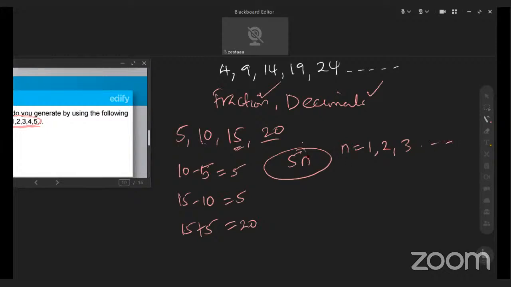So you substitute n with 1. 5 times 1, you maintain the 5. 5 is constant here, it doesn't change. So 5 times 1 is 5, 5 times 2 is 10, 5 times 3 is 15. Automatically the next one will be 5 times 4, so you predict that it will be 20. Okay, thank you, teacher. You're welcome.